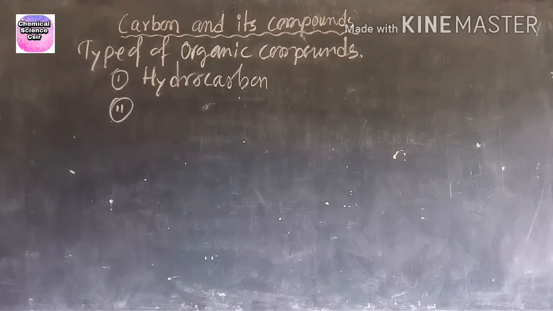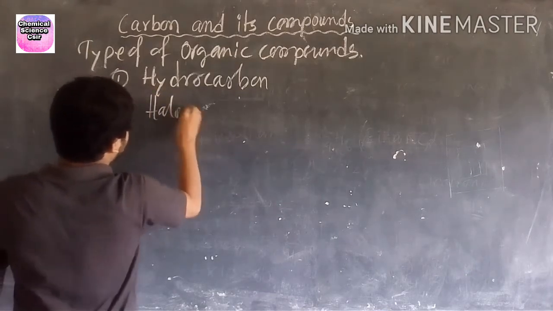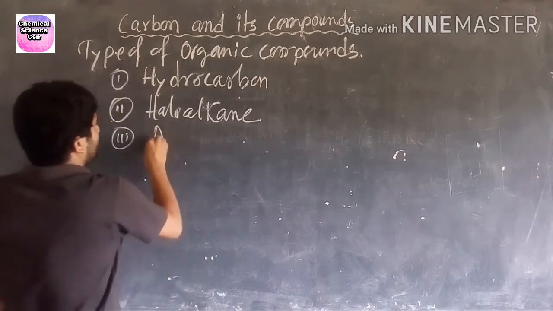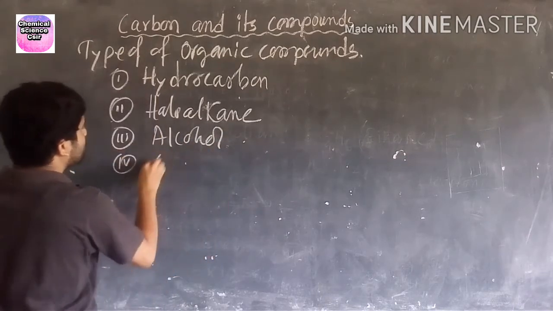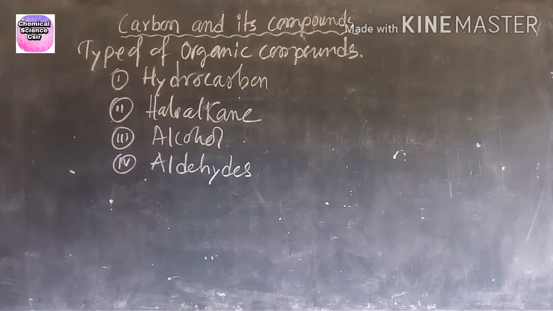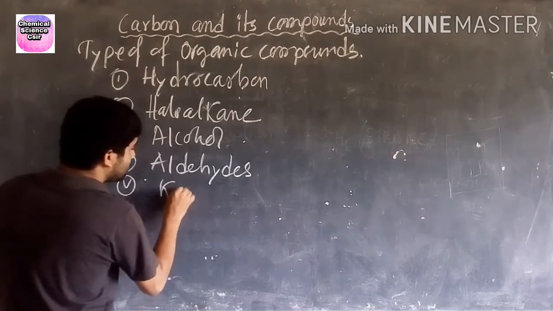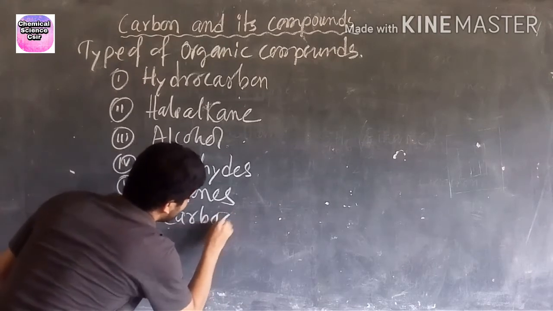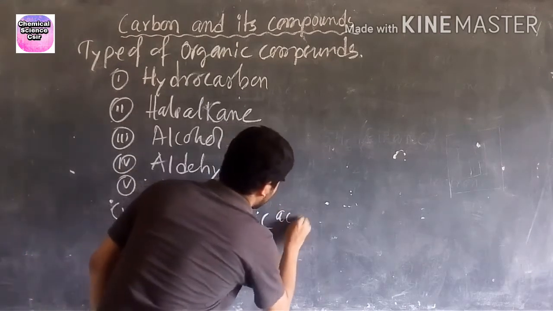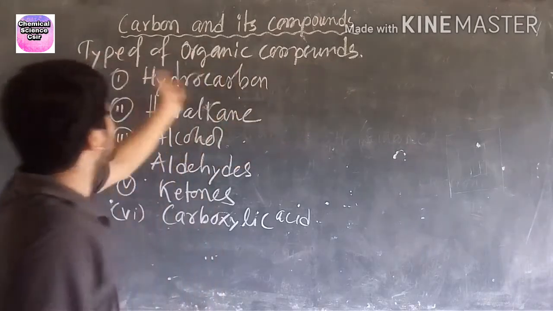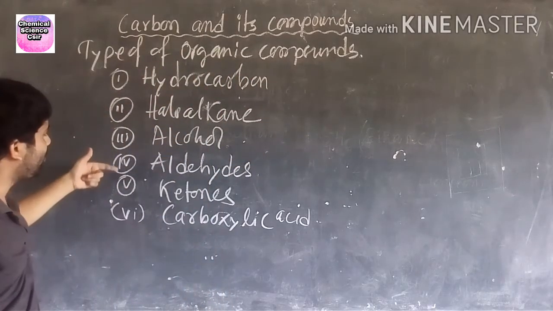Fourth, aldehydes. Fifth, ketones. And sixth, carboxylic acids, or organic acids. So these are the types of organic compounds, 1, 2, 3, 4, 5, 6.